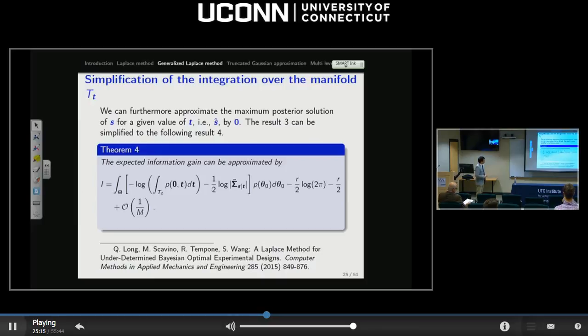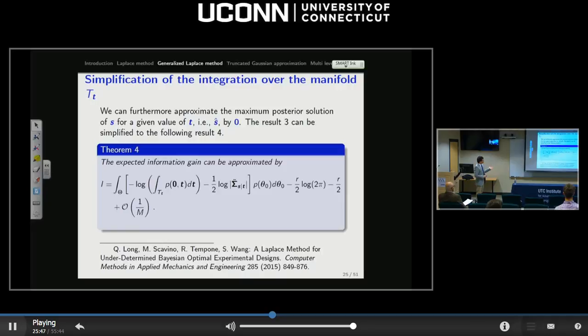And this is the final result of the expected information gain in the underdetermined case. If you compare this formula with the previous formula, where there is a concentration of measure at a single point, it looks almost exactly the same, except that you replace the dimension of theta using the rank of the Hessian matrix, here R. And also you replace the covariance matrix using a projected covariance matrix.